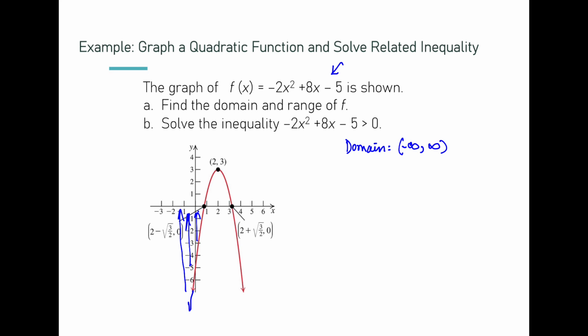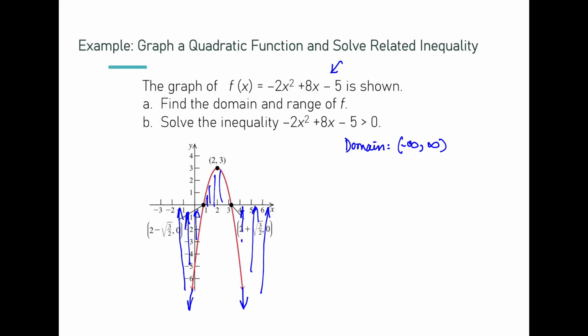This graph continues to go down and out for the rest of infinity and beyond, and we can see that every x value will eventually go to some y value. It's just going to get really negative really fast. Looking at the x-axis, there's really no place where we never start.